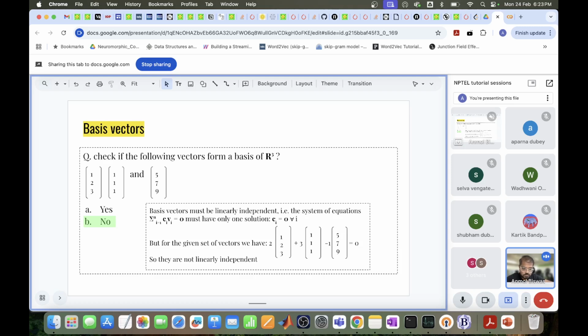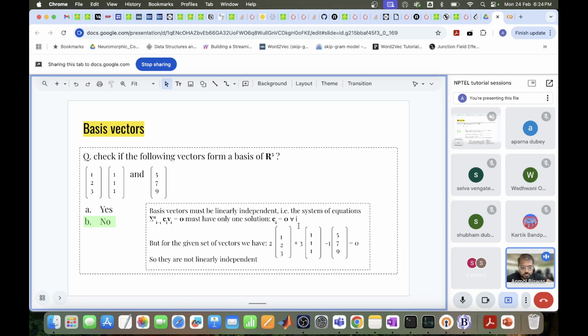If a set of vectors are linearly independent, then if you write this equation, where we multiply the vectors with some scalar constant, so you write the sum of Ci Vi from i equals 1 to n, and you equate this sum to the zero vector, then this equation has only one solution, which is that Ci equals 0 for all i, which is the trivial solution, obviously.